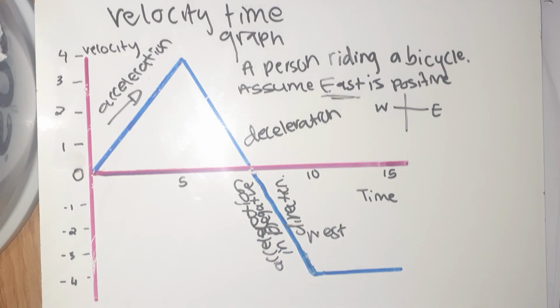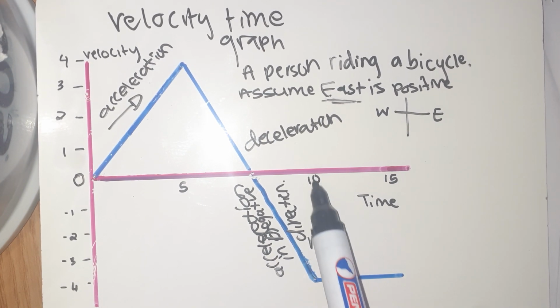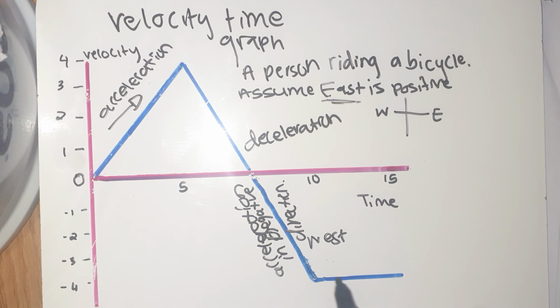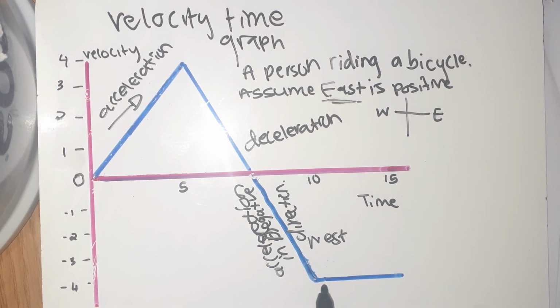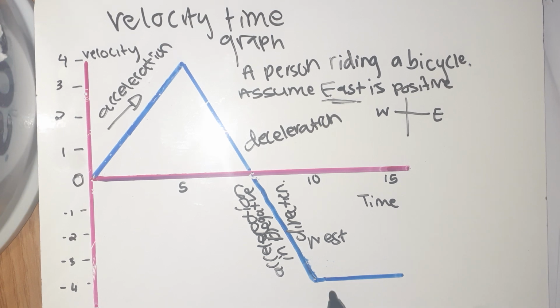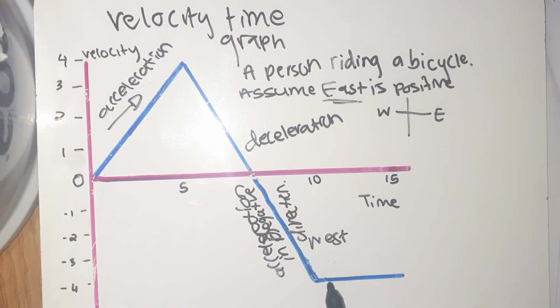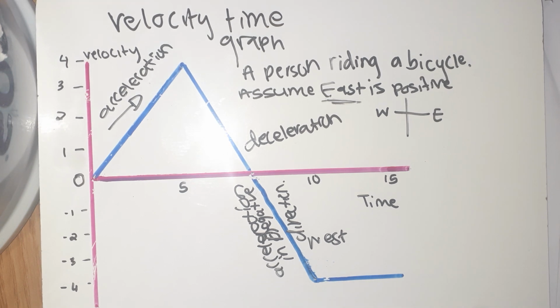So when they ask you what is the position of that person at 10 seconds, still riding towards the west but at a constant velocity of 4 from 10 to 15. The acceleration at this point is the same. The velocity is the same. This person is still riding even on this line here.